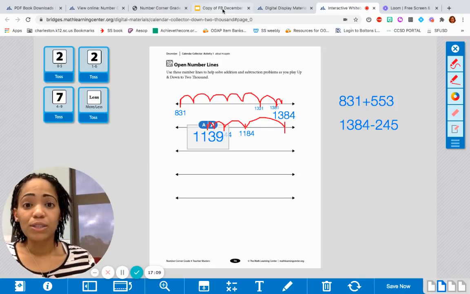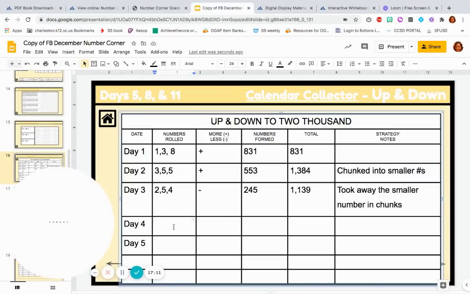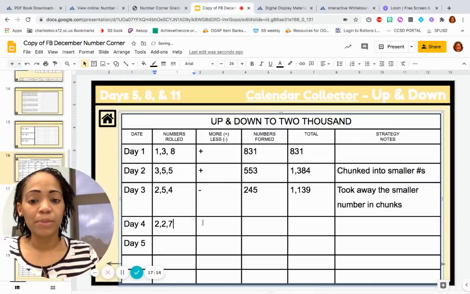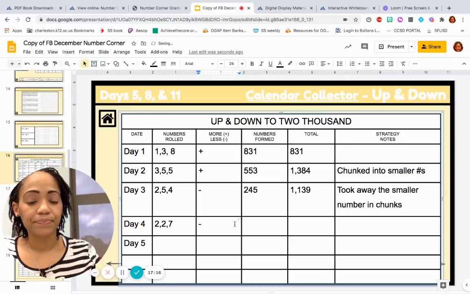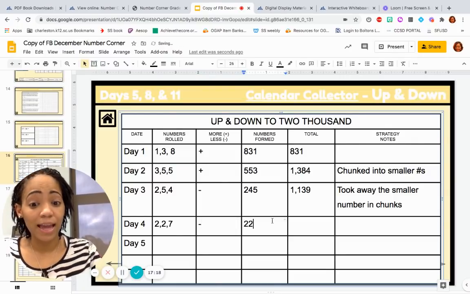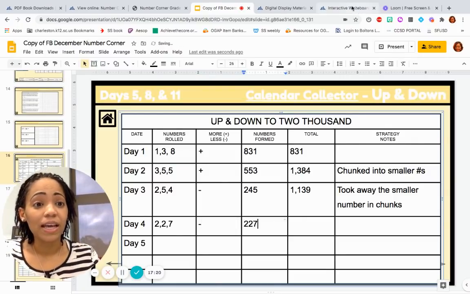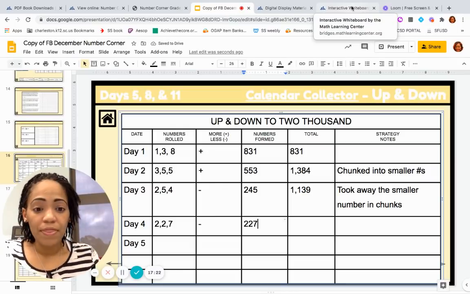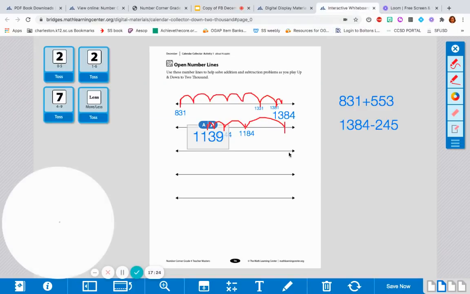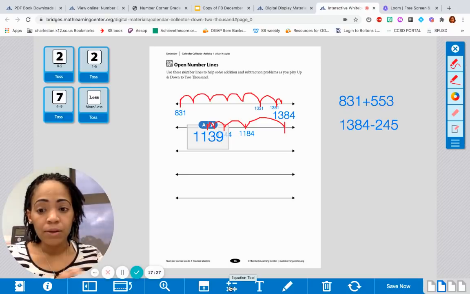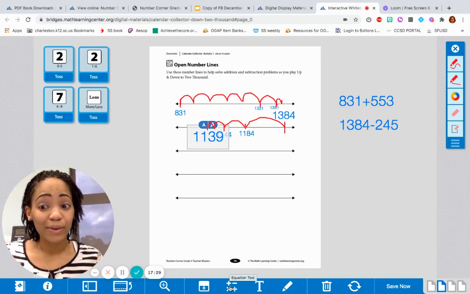Which is a 2, 2, and a 7. So what number do we want to make? Yeah, just that number, 227. And we're subtracting it from 1,139.